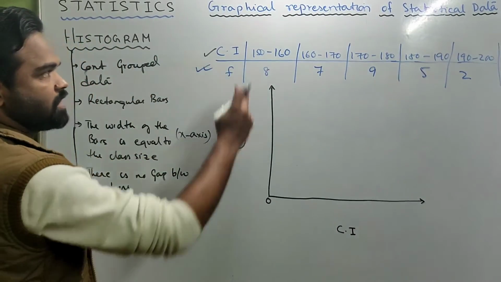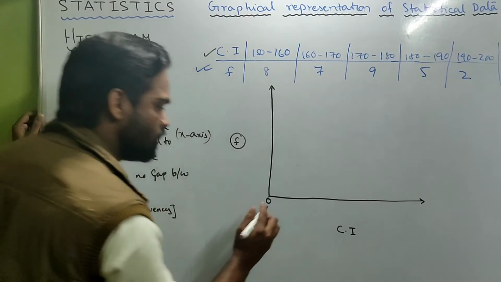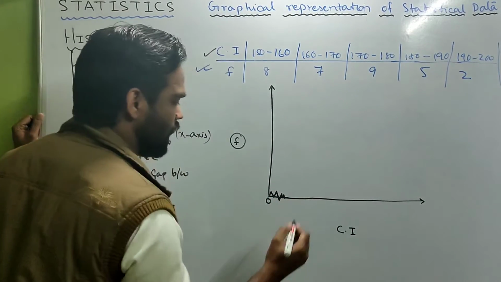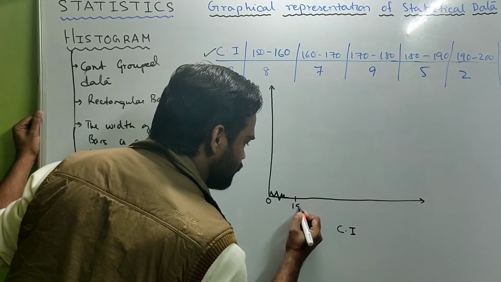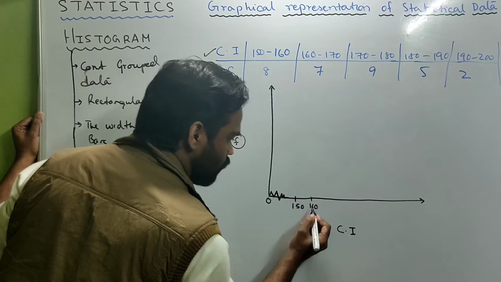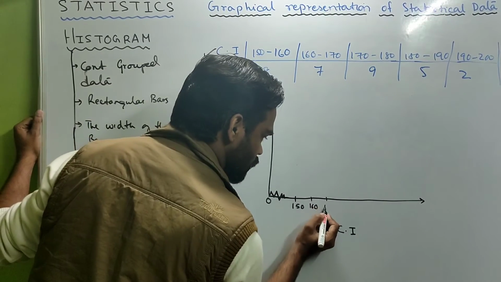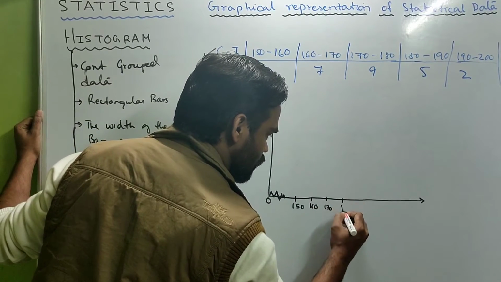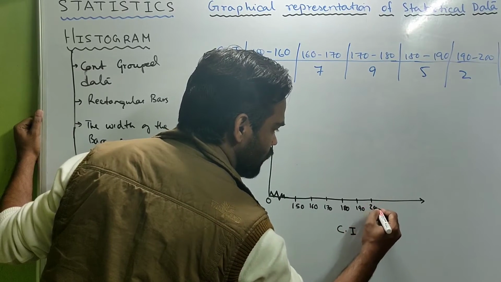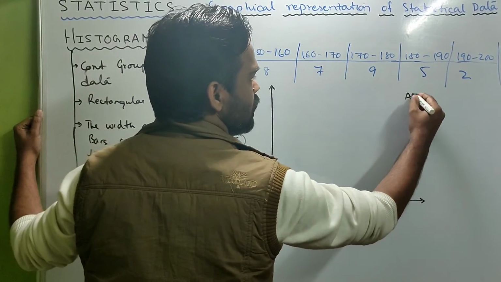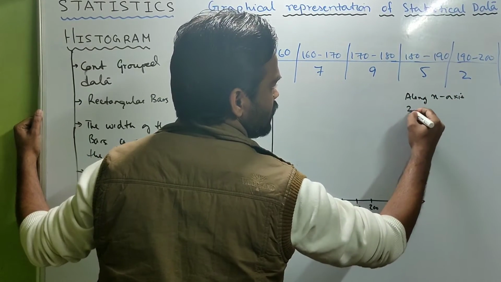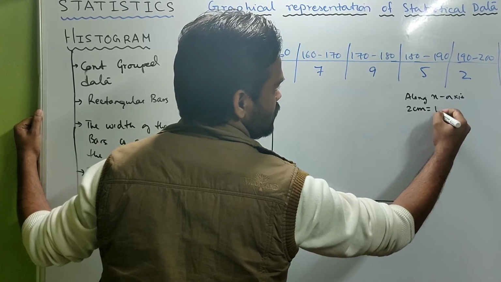Now our CI starts from 150, so I'll give a kink, and then I'll start from 150. Then suppose 2 centimeter I'm taking: 160, 170, 180, 190, 200. What I've done along the x-axis is I've taken 2 centimeter as 10 units.